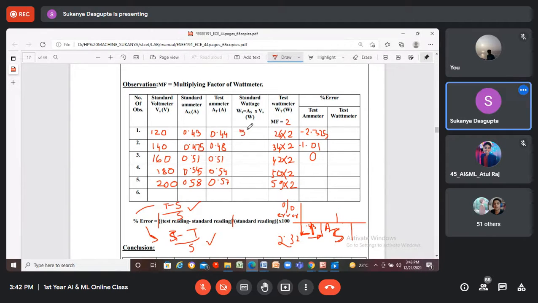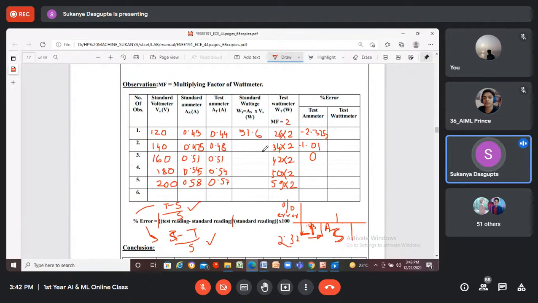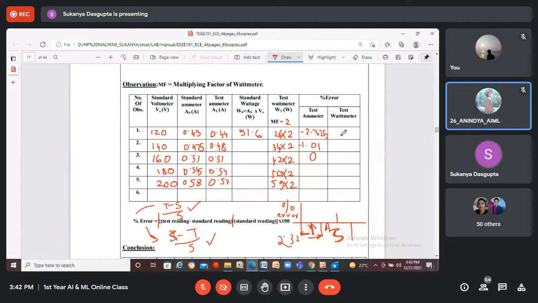And the measured one is 52. So 52 minus 51.6 into 100. So true minus measured by true. So 51.6 minus 52 by 51.6 into 100 is the percentage error. Ma'am, 0.775. Okay.